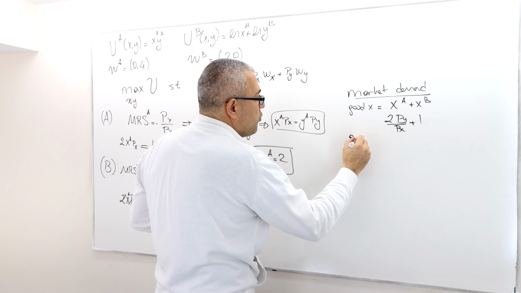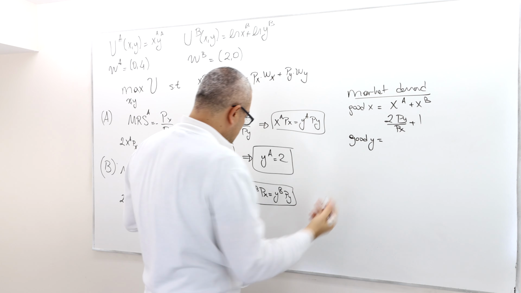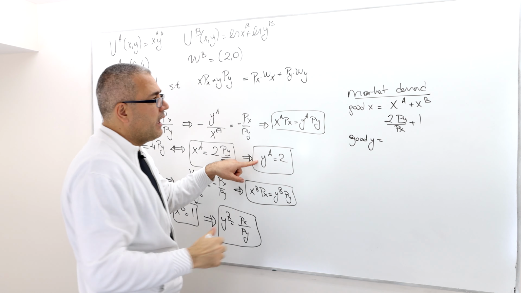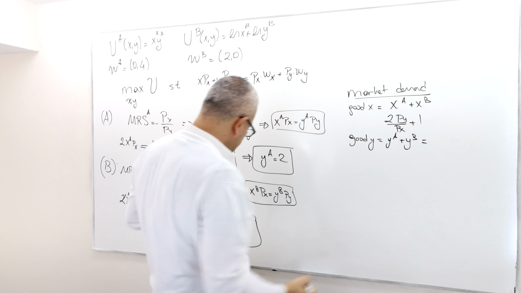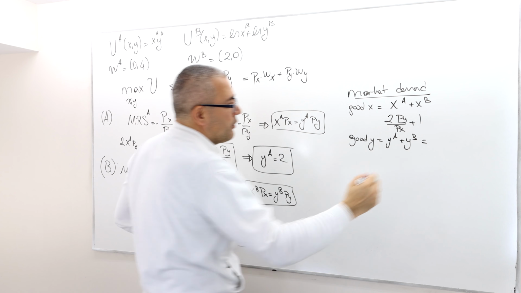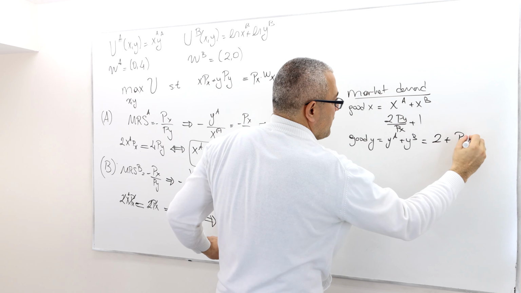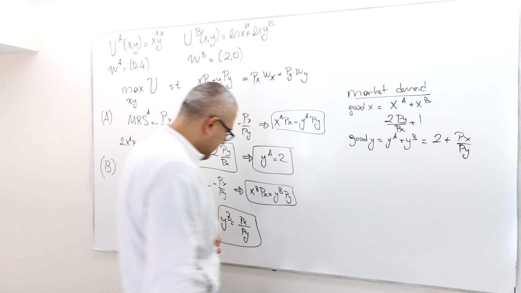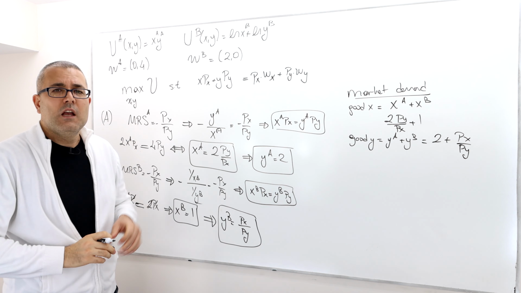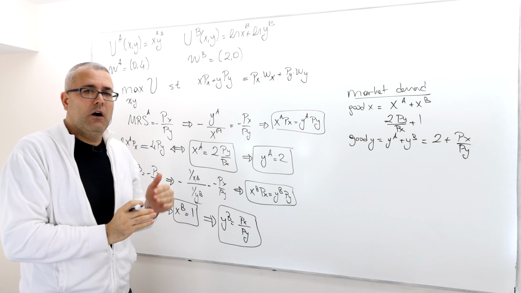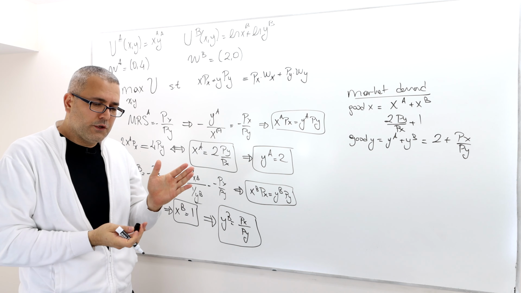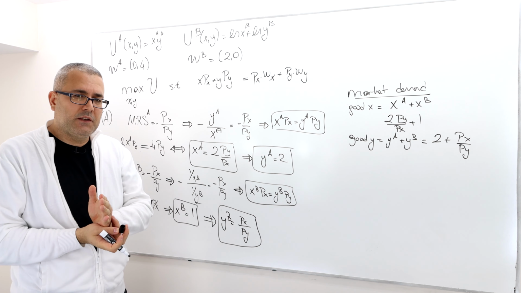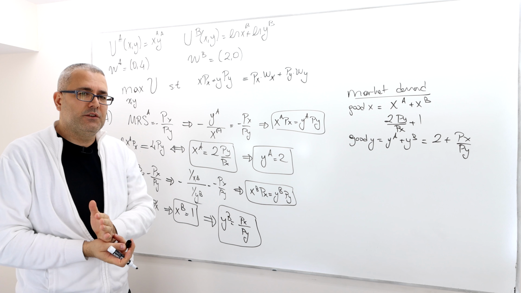And then for good Y, the market demand is YA plus YB, which is equal to 2 plus this term, PX divided by PY. So that was the first condition of Walrasian equilibrium: all consumers should maximize their utilities subject to their budget constraint.